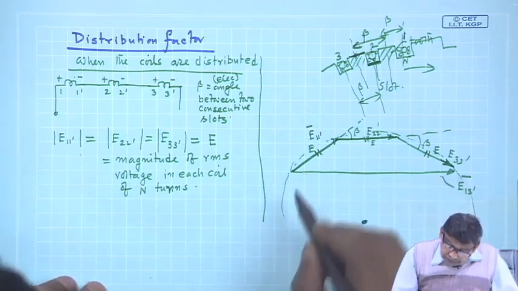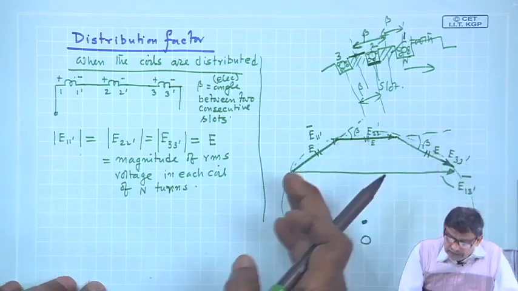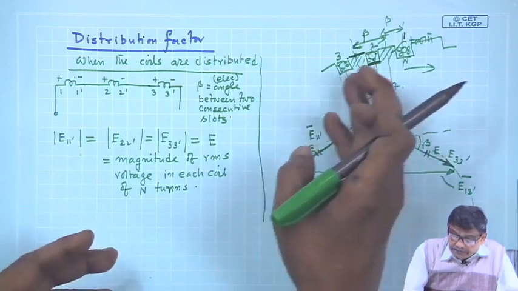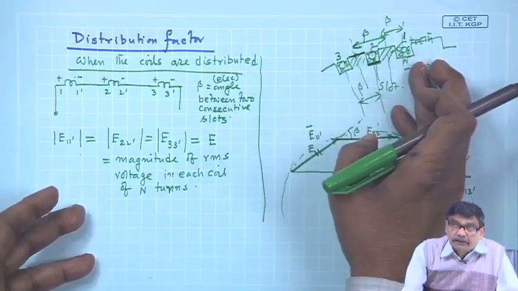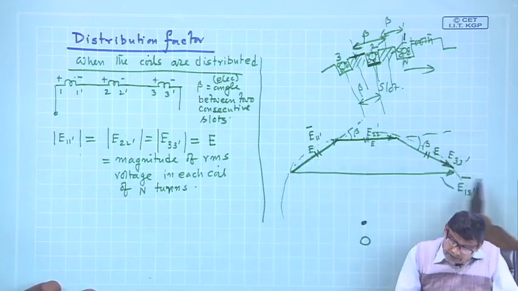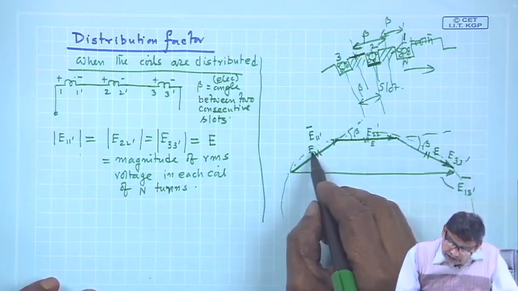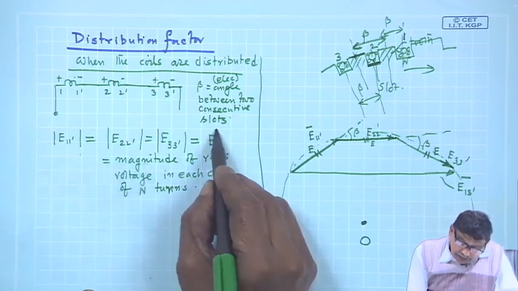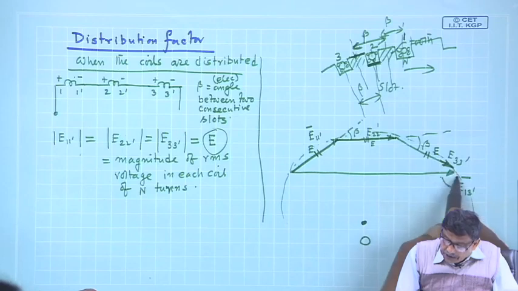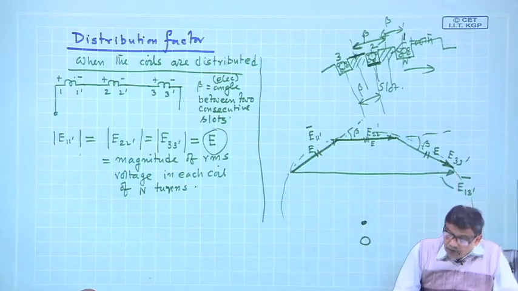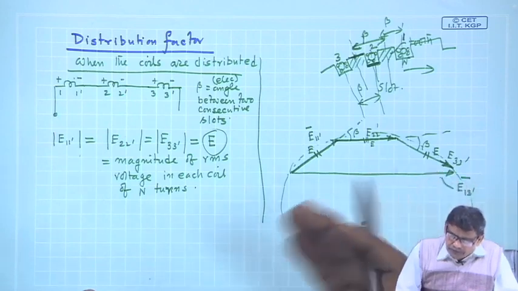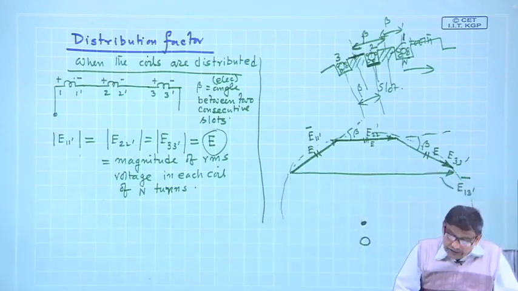So, to do this, I assume the coils are distributed in 3 consecutive slots, like starting of those are like this, lengths are equal, and I know each one of them is of magnitude E. Now, what I am telling, this will be part of a regular hexagon if you go on adding further distributed coils, but we stop, suppose somebody has stopped it by 3.